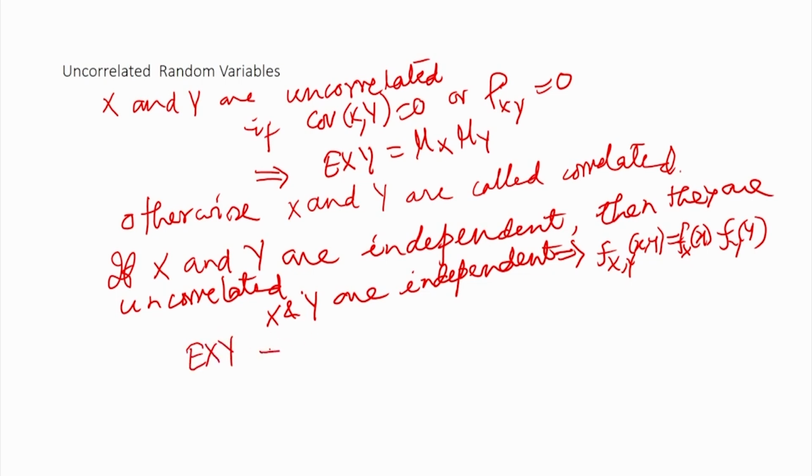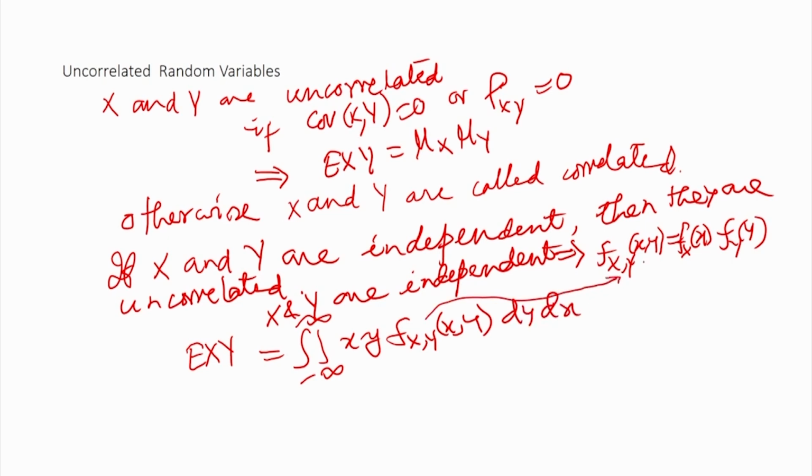E of x y will be equal to the double integration from minus infinity to infinity of x y into f x y at point x y dy dx. Now, we can write this joint density as the product of the marginal densities, and then x is there, y is there.